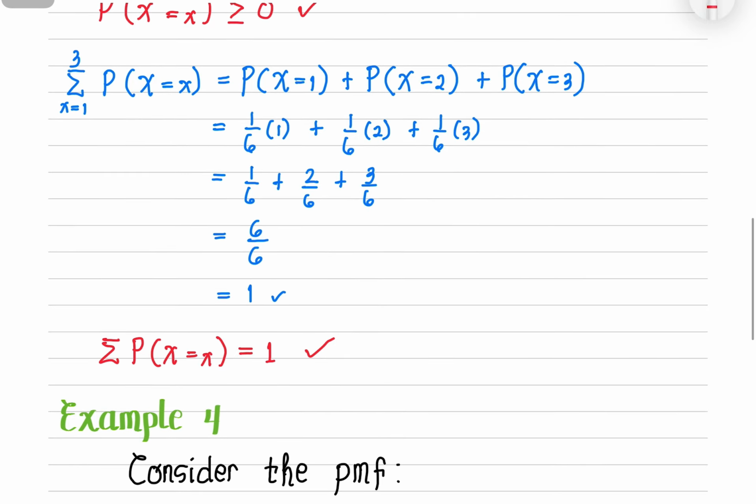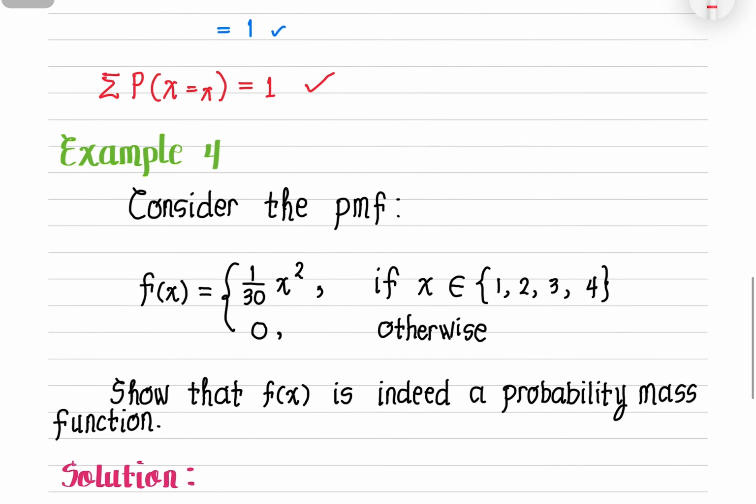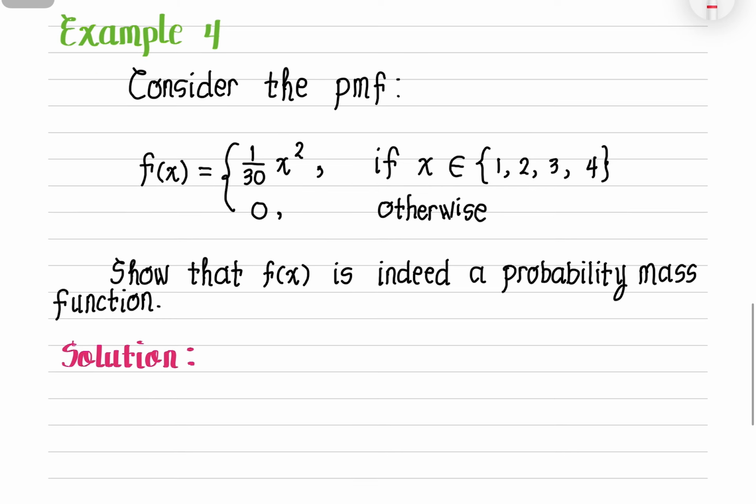Gets? So now, let's answer number 4, example number 4. Consider the PMF, or the probability mass function, f of x equals 1/30 x squared, if x is an element of 1, 2, 3, and 4, 0 otherwise. Show that f of x is indeed a probability mass function.